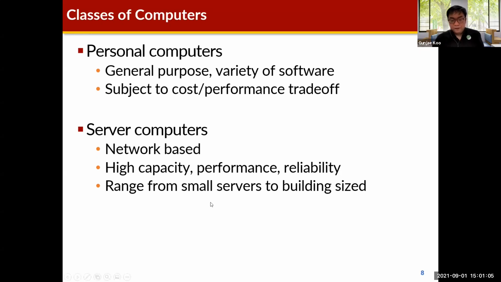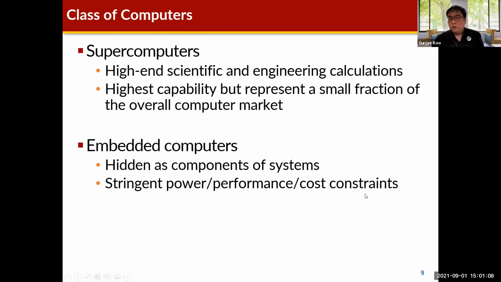Then supercomputers are used for scientific computing, weather forecasting, and drug development. They need to guarantee the highest performance. And for embedded computers, power, performance, and cost matter, so energy efficiency is important.